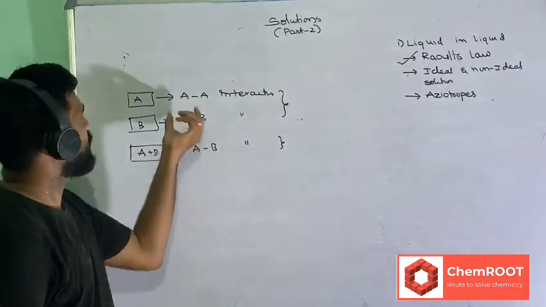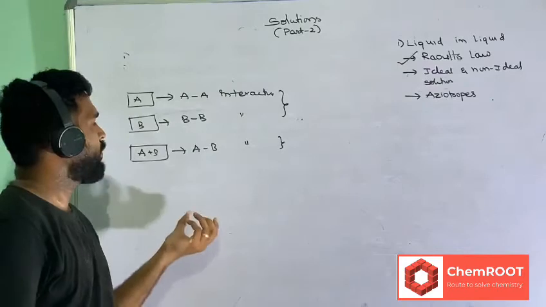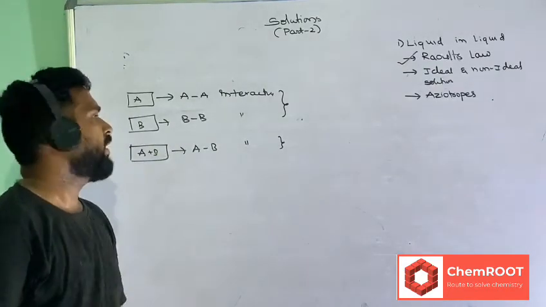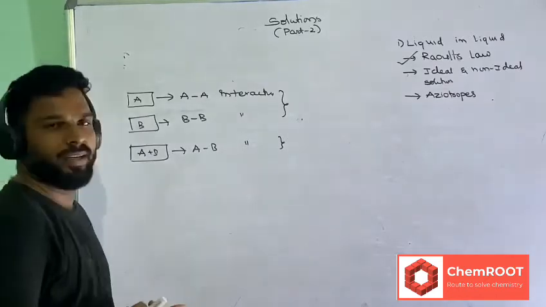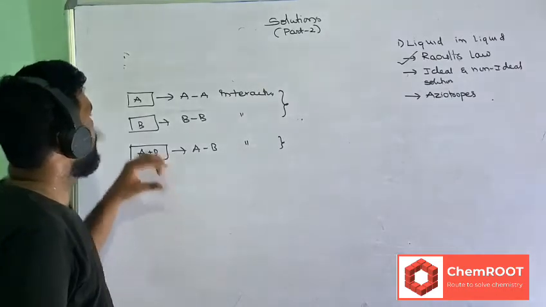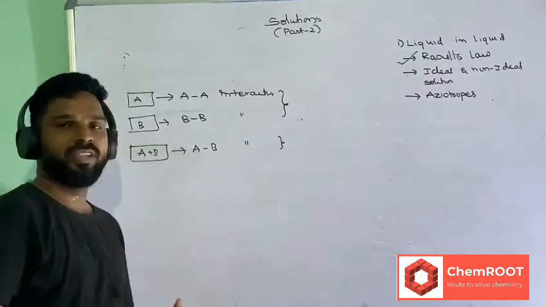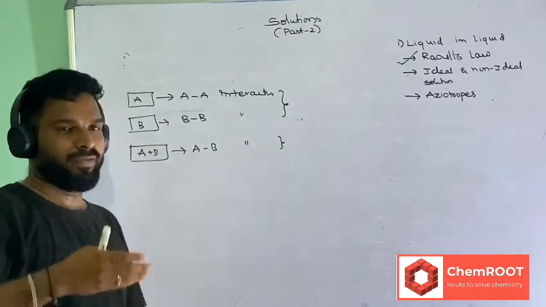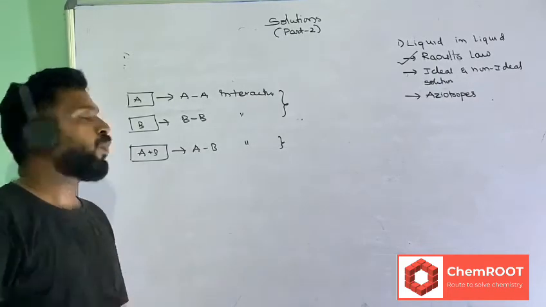Suppose they are not equal in strength: initially we have more strength, and finally the solution has less strength. Less strength means vapor pressure will increase in the final solution. So that's why it shows positive deviation.